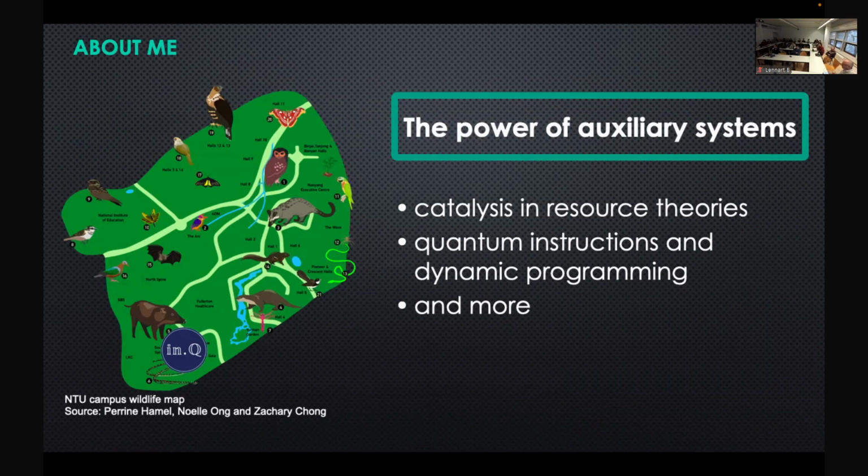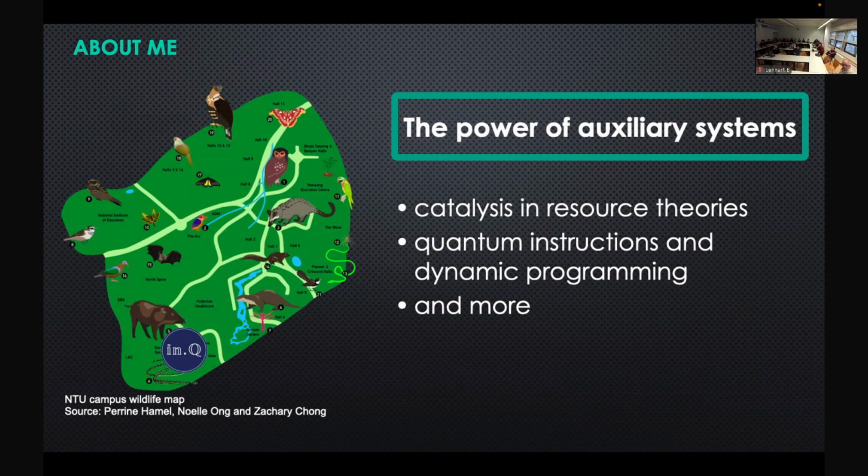My PhD is about exploring the power of auxiliary systems in quantum information processing tasks. So I've been working on using auxiliary systems catalytically in the resource theoretic approaches, and also using auxiliary systems as the instruction for quantum circuits, which is the topic of today's talk.